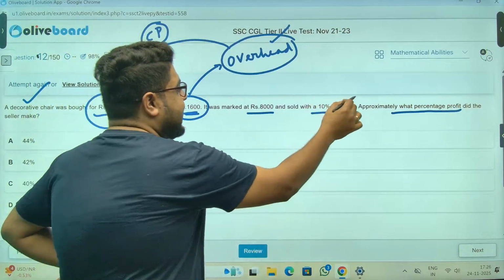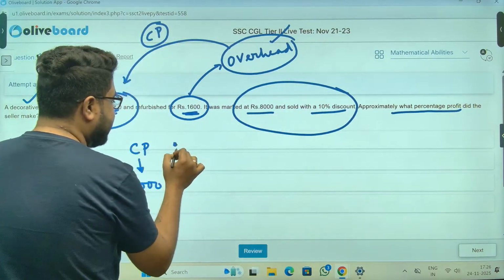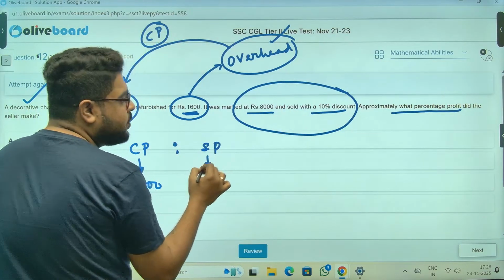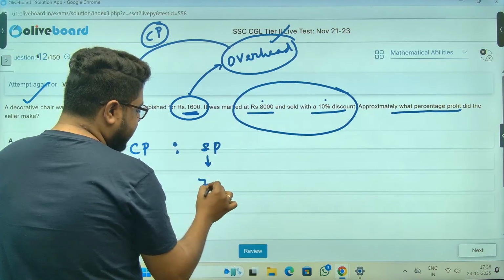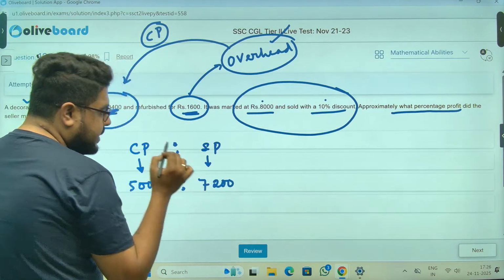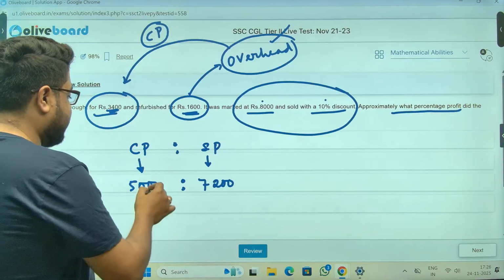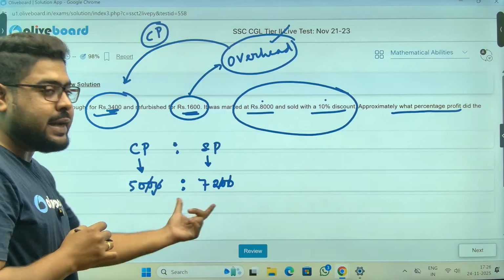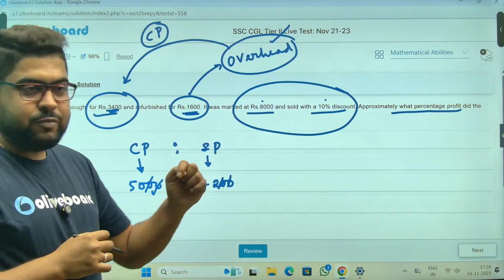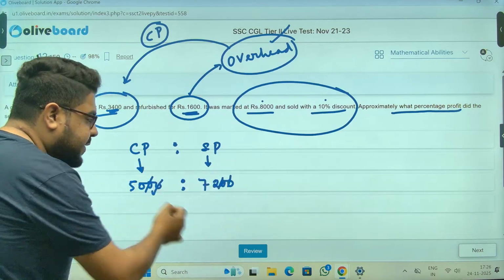So from here I'll get my SP. Let me write it directly. SP will be how much? 8,000, 10% discount, 800 discount. So 7,200 is SP. Sir, this is the CP and SP. Percentage profit. Sir, again, don't calculate here. That is the mistake we all make. Don't cancel with another 2.